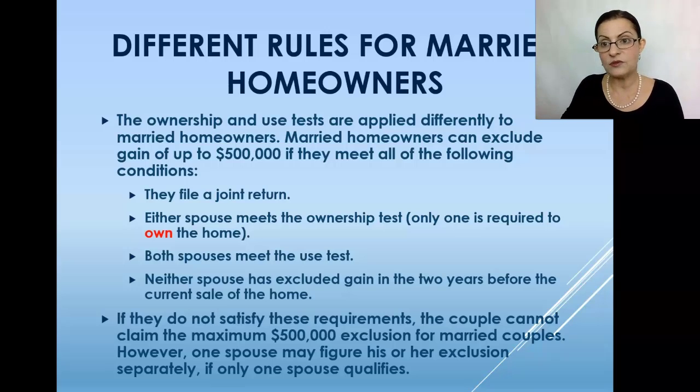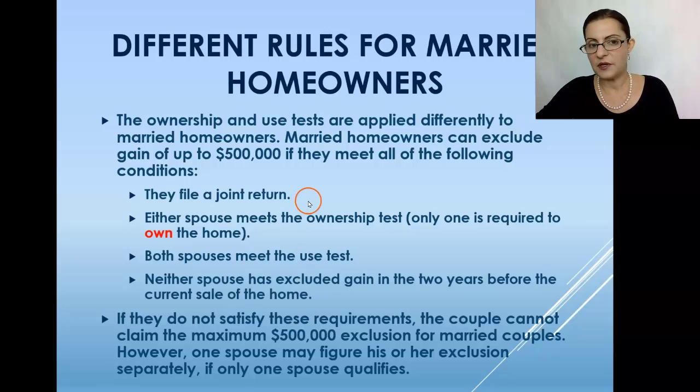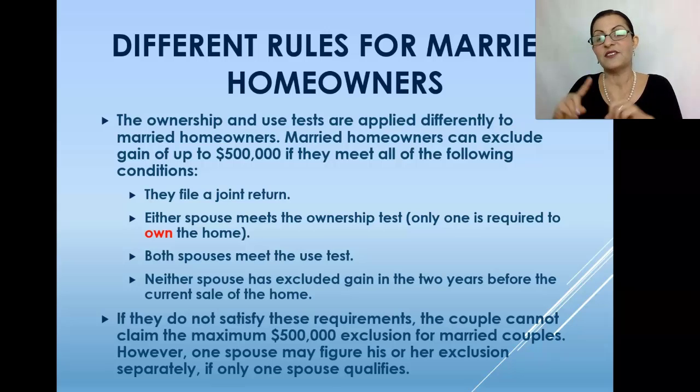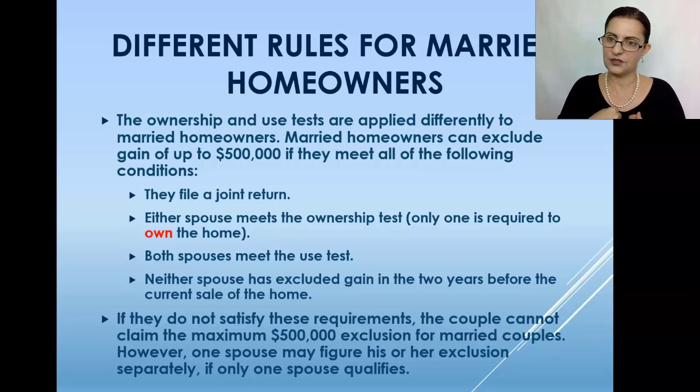So if my husband owns the home, but I live in the home with him and we're married, in order to claim a $500,000 exclusion, so $250,000 for each of us, we would have to file jointly. If we decide to file separately, then he would get a $250,000 exclusion, but I wouldn't get an exclusion because we're filing separate returns and I don't own the house, right?